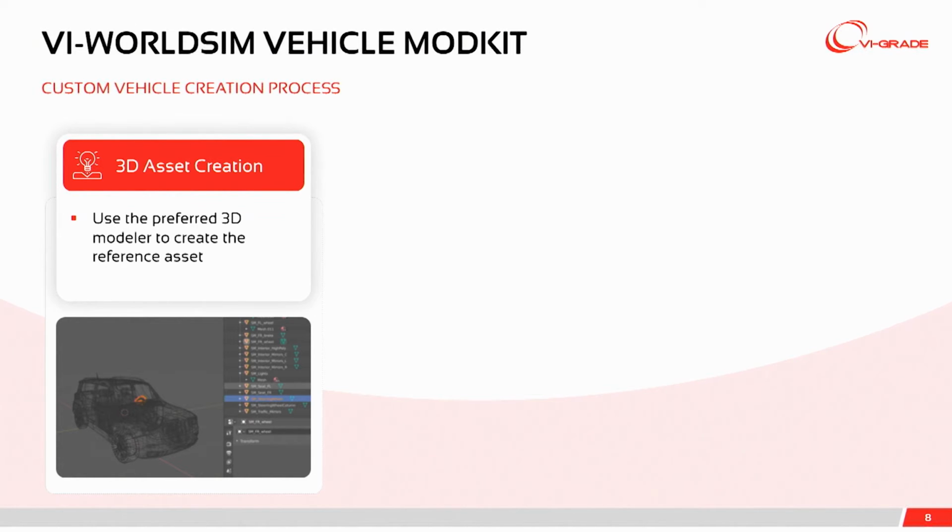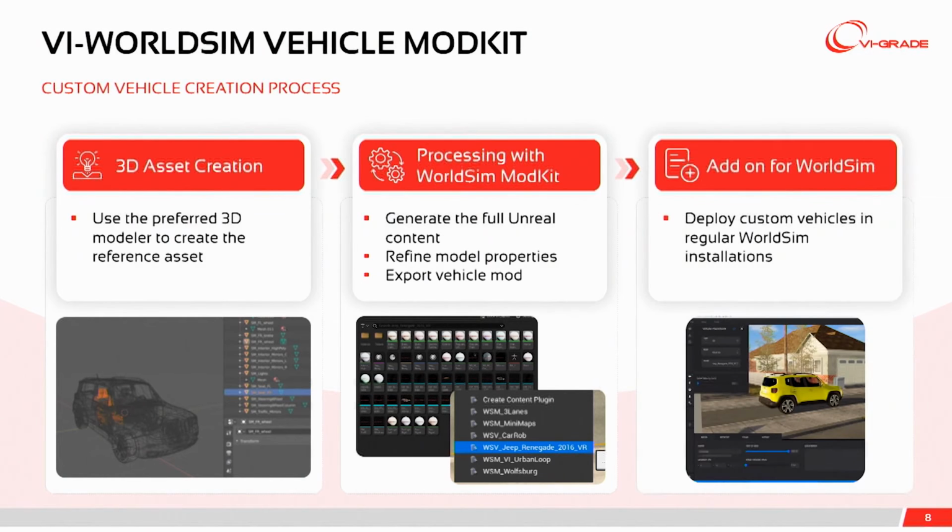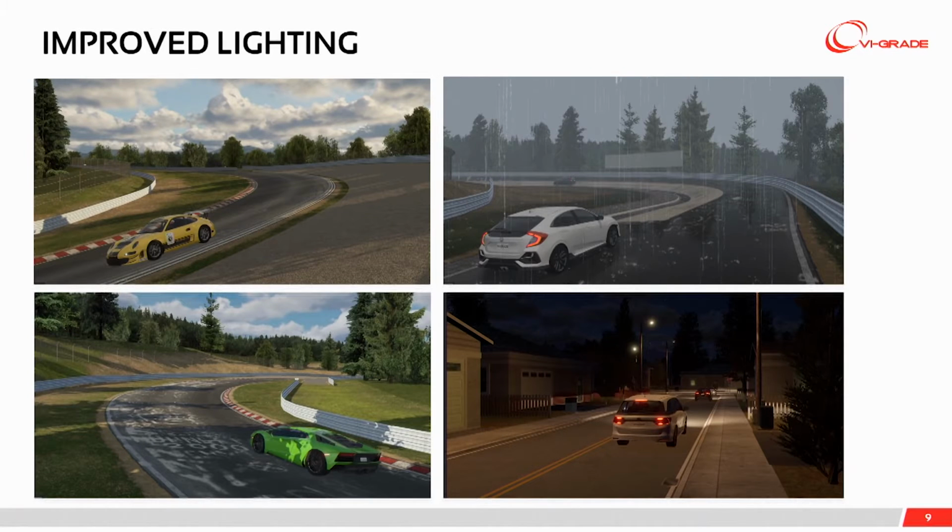So there's a process where you go through 3D asset creation through some preferred modeling environment, go through WorldSim ModKit to generate the full Unreal content and refine that property, and then you bring it into the WorldSim environment as an asset to be used on a simulator. So there's a workflow there that didn't exist prior.